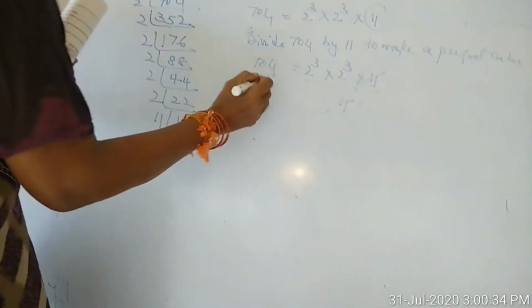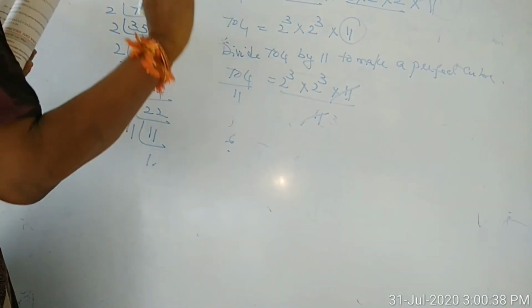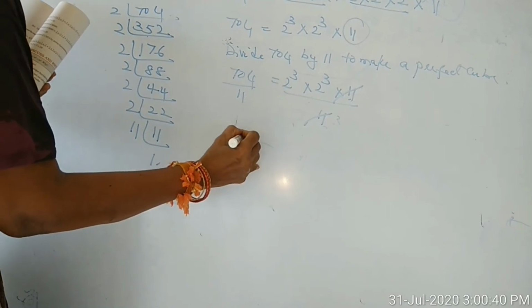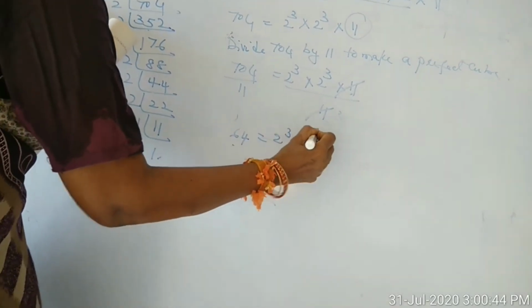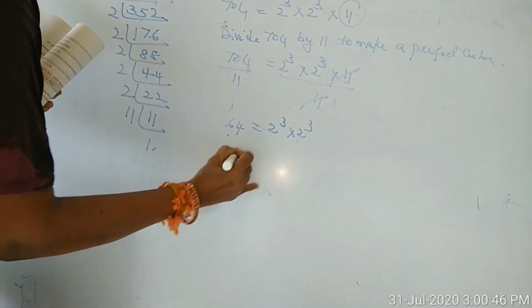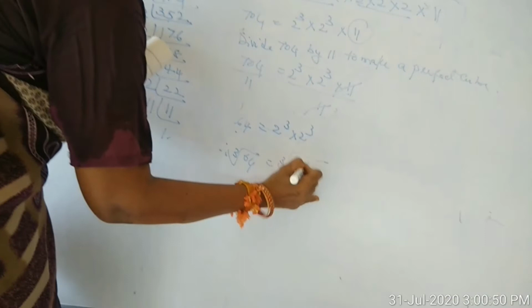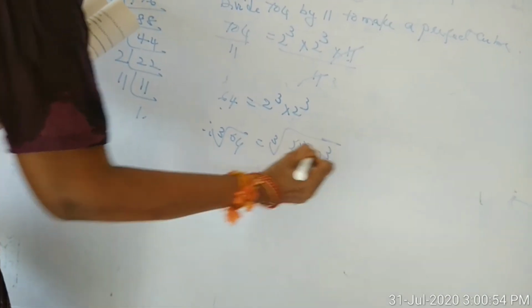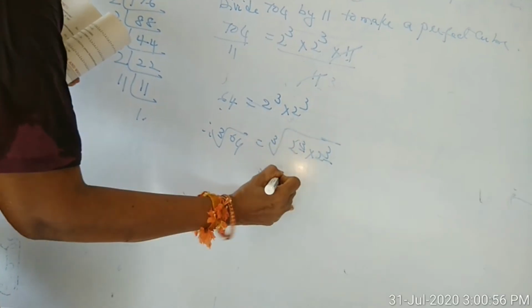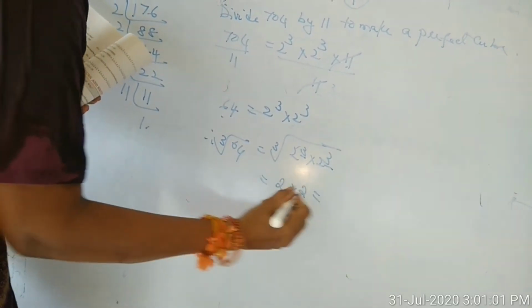11 divides how many times? 6 times. 11 6s are 66. Remainder 4. 11 divides 44 4 times. Cube root of 64 is equal to dividing the powers by 3, children. 3 divides 3 one time. 3 divides 3 one time.